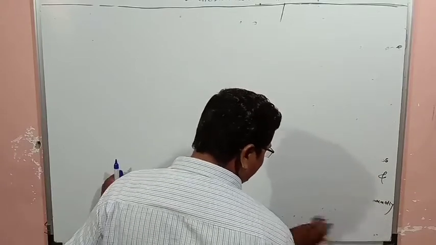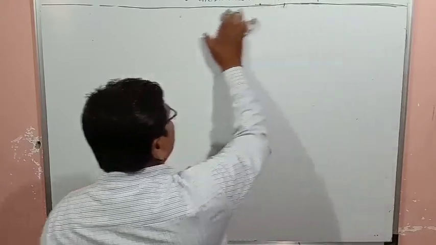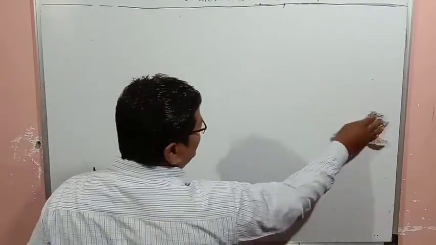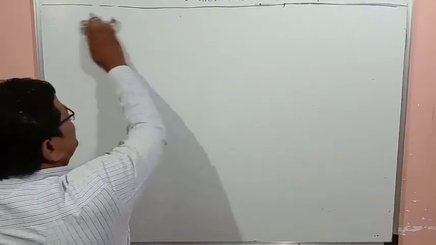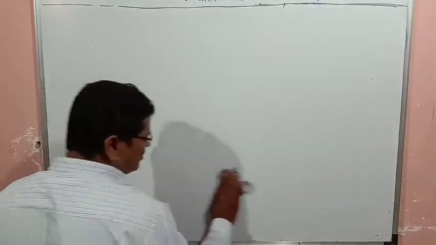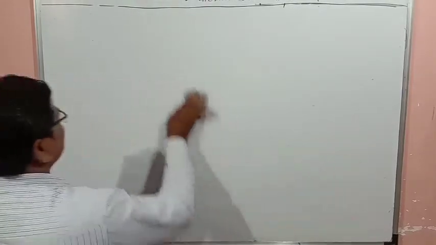Dizygotic twins are formed from two separate zygotes. In some exceptional cases, two oocytes are released from the ovary of the woman.